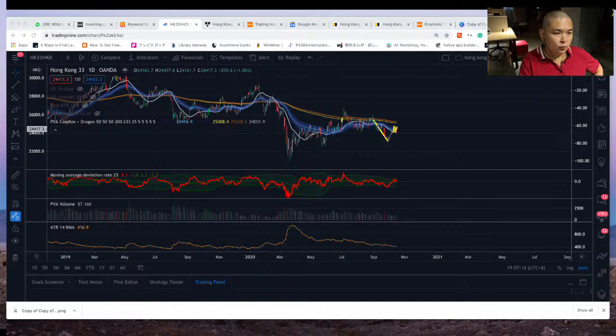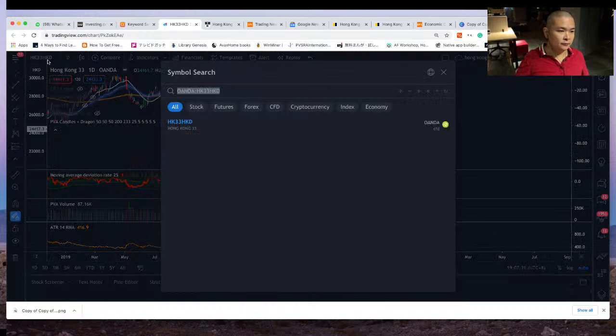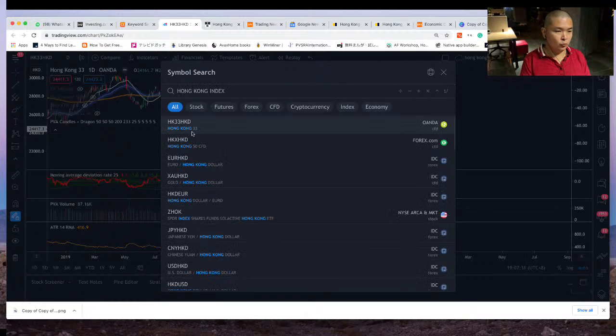And once again, let's go back to our chart. So here, guys, since the overall trend of the HSI, once again, there are two different CFDs. The first CFD, HK33 HKD, follows the Hang Seng Index. Another one is the Hong Kong Index, which a lot of people call HK50, and they have different names.